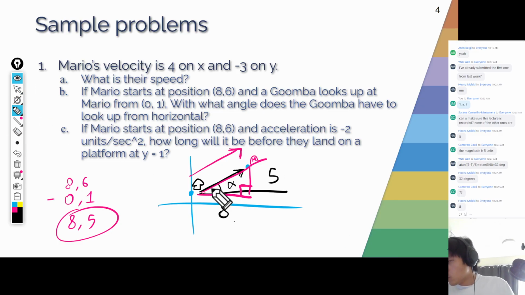But what do we know? What sinusoidal function do we know that relates side lengths to an angle here? Let's say with these two side lengths, relate these two side lengths to this angle. Which function relates those three things?